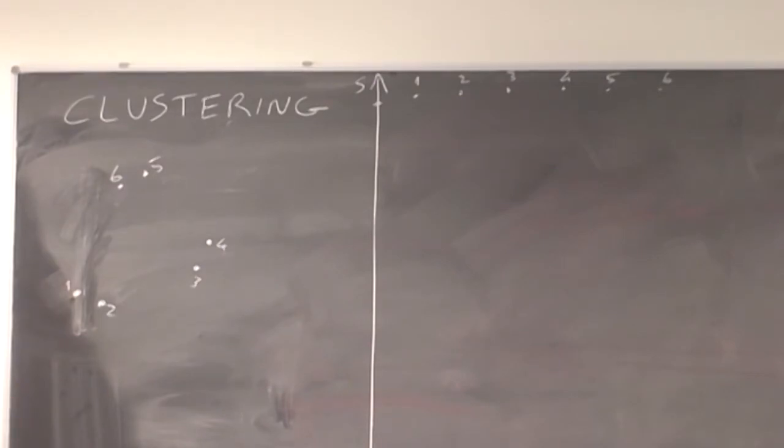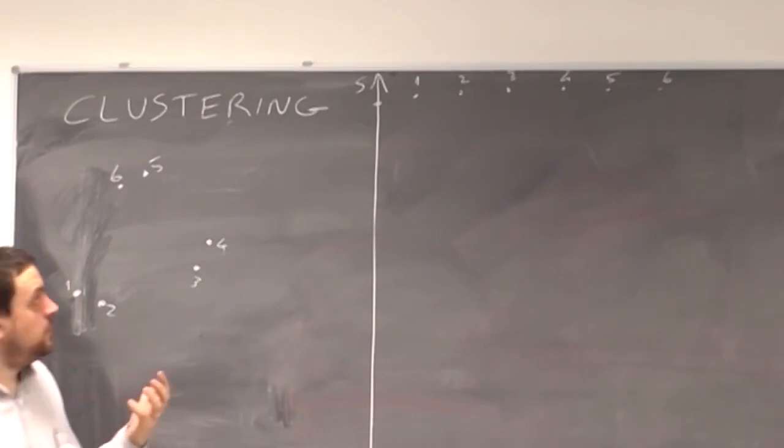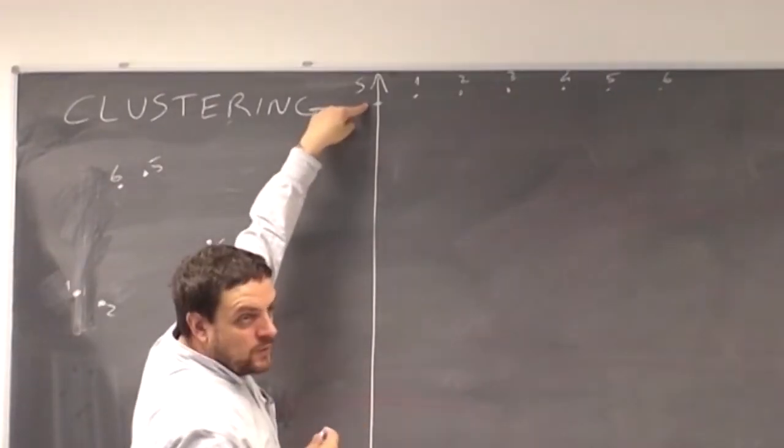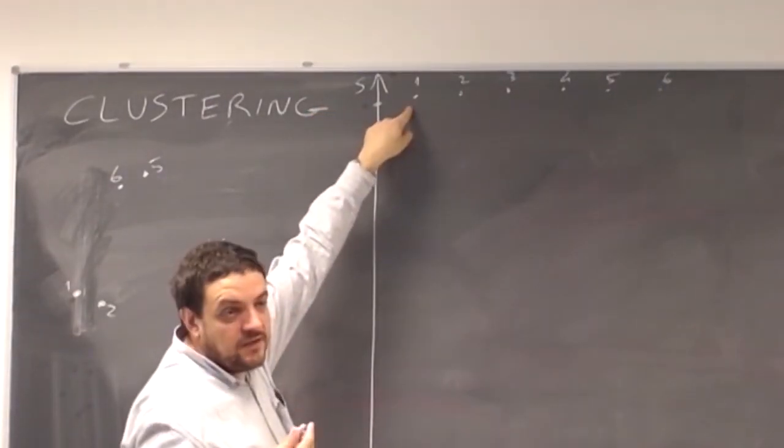Now, our next step is to find the pair with the highest similarity. So in this case, suppose that it's 1 and 2. The similarity between 1 and 2 is of course lower than the similarity between every element and itself.